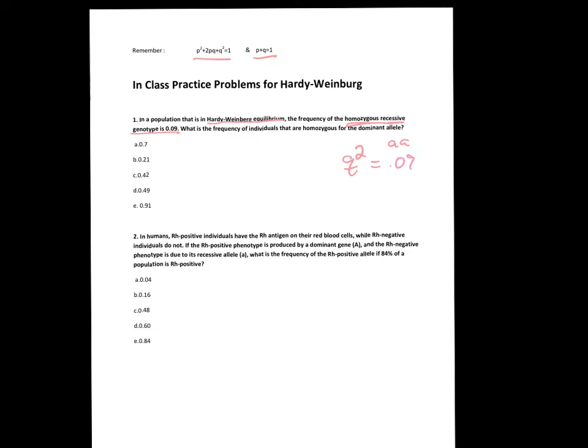Now, the question is, what's the frequency of individuals that are homozygous for the dominant allele?